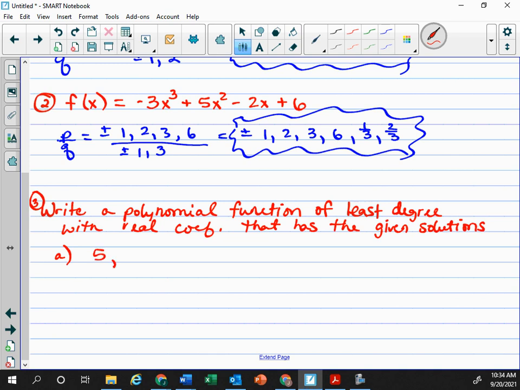You are given, actually, I'll write x equals 5, -1, and 3i.